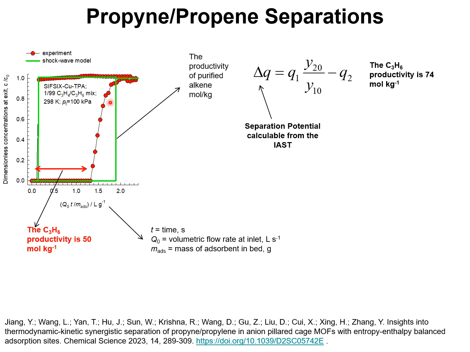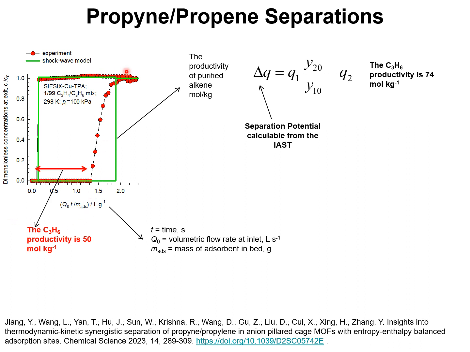The experimental data are shown by these red circles here, and the productivity of purified propene can be determined from numerical analysis of the breakthrough experiments, and the productivity of purified propene is 50 moles per kilogram.